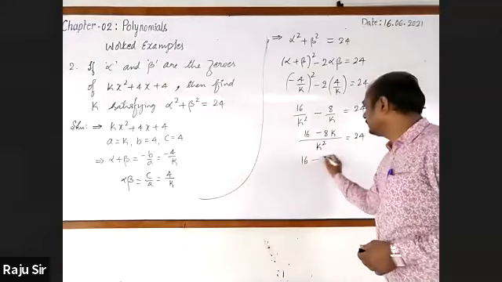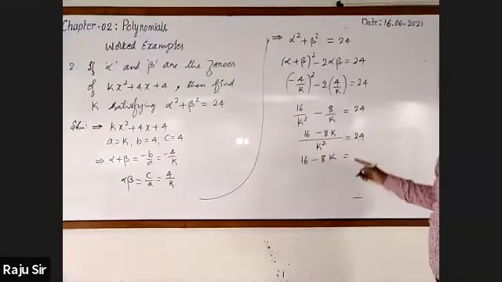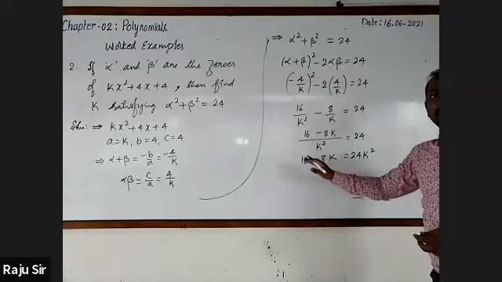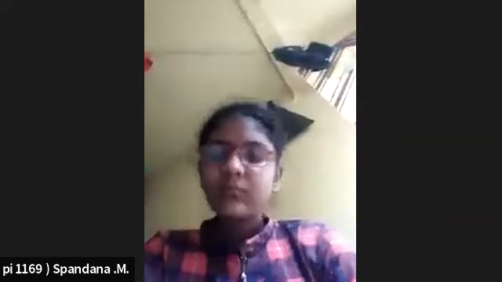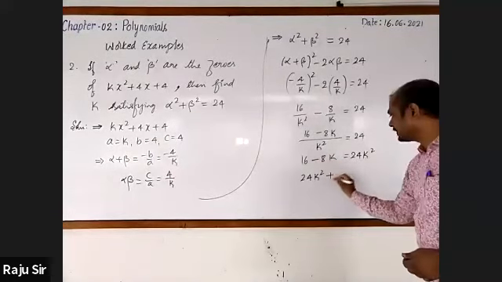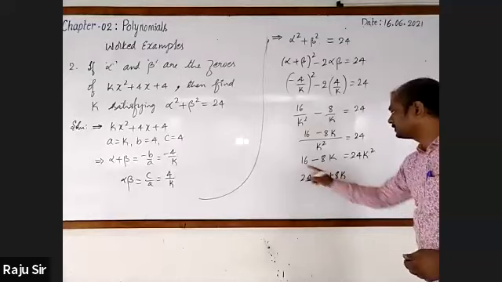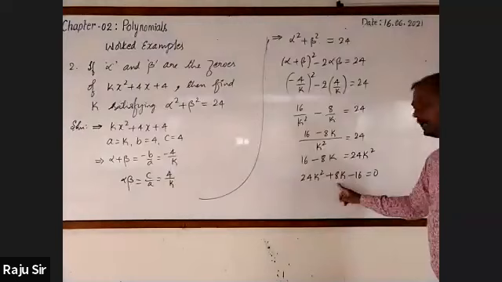Now 16 minus 8k is equal to, cross multiply k square, 24k square. Transfer all the terms to the right hand side. 24k square as it is, minus 8k becomes plus 8k, next, 16 becomes minus 16, equal to 0. Observe all the coefficients: 24, 8 and 16.